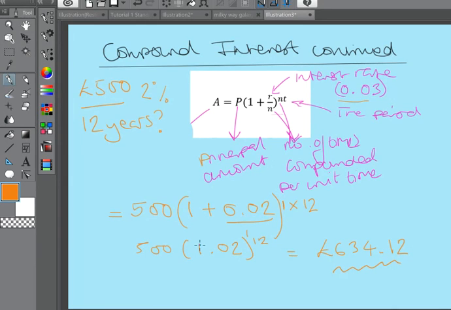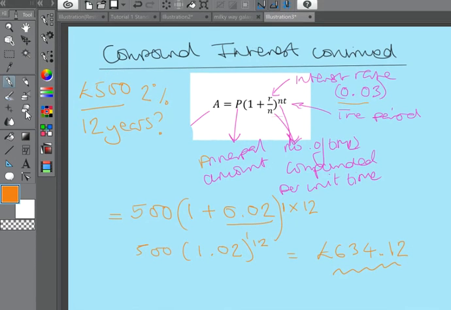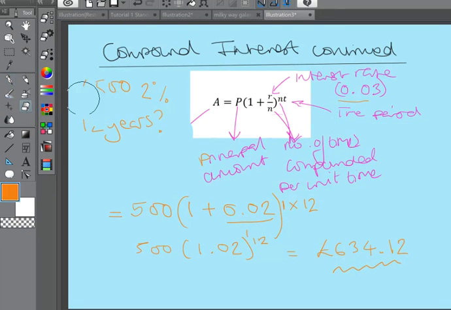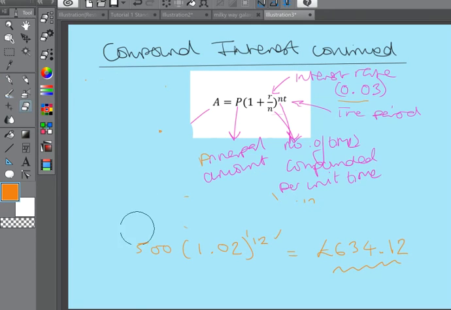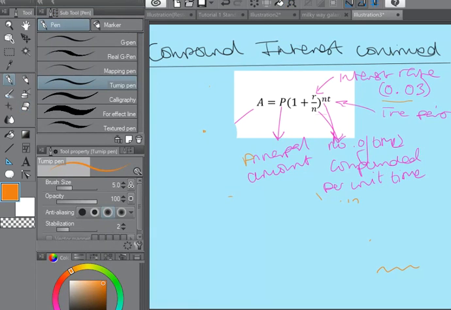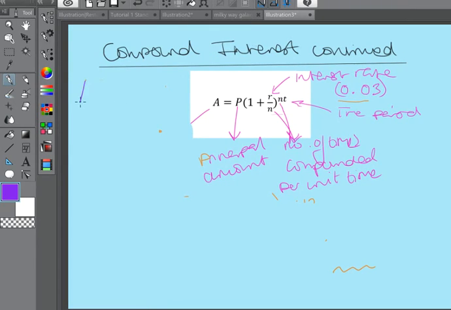Okay, so let's take another example. Get rid of this. I'll leave the formula up there. Okay, let's take a slightly larger amount this time. Let's say I have, different color again, obviously, £6,200 I have.